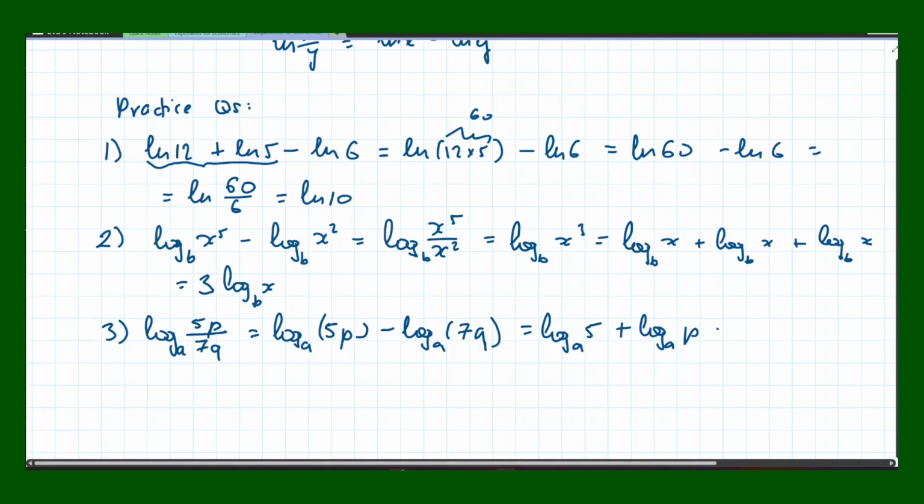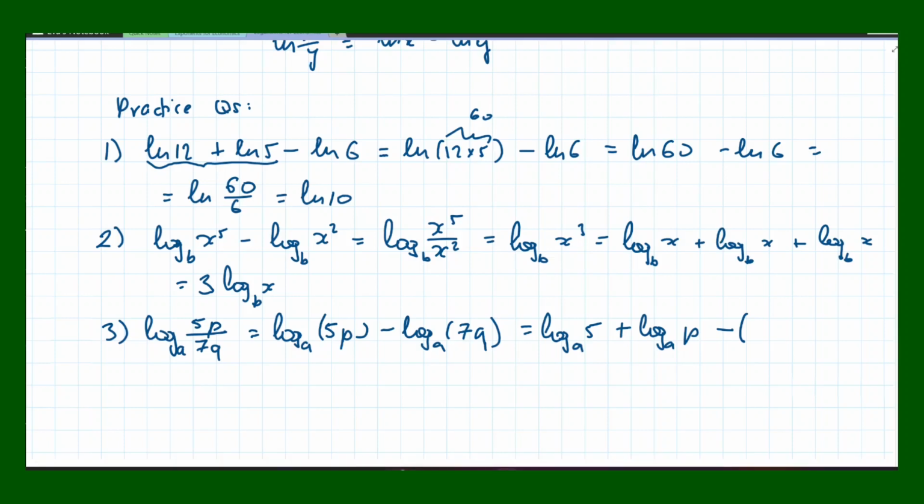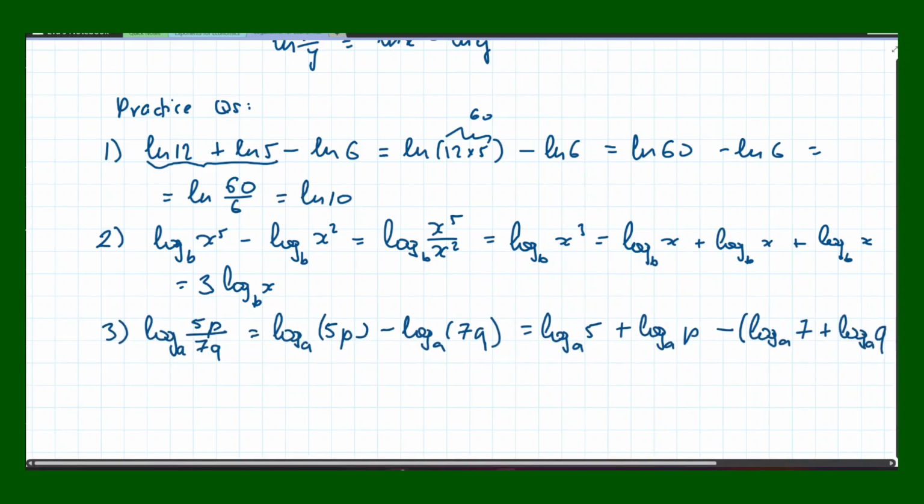Then next, I'm going to put a bracket in here because there is a multiplication behind the second log sign, so I can break that out into an addition of logs, but the subtraction sign applies to the whole log sign, so I have to apply that to both of the terms in the addition. So that's going to be log base a of 7 plus log base a of q. And I have to make sure that this is a long enough tail here so we don't mistake the a with the q.